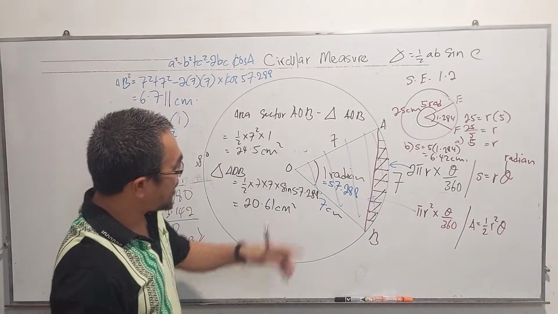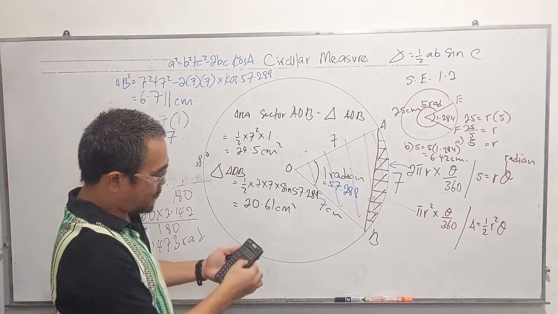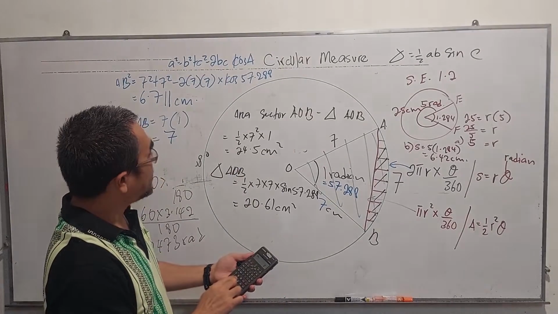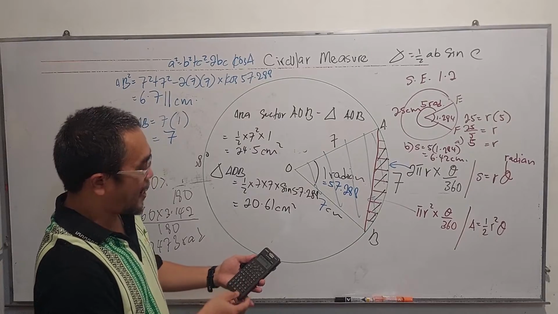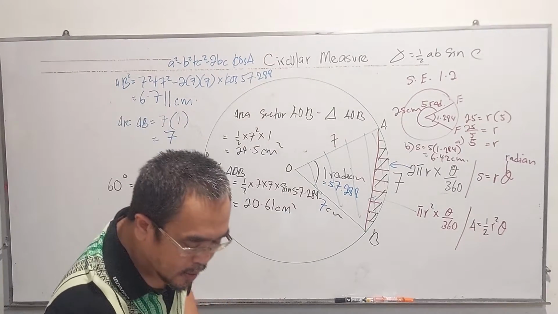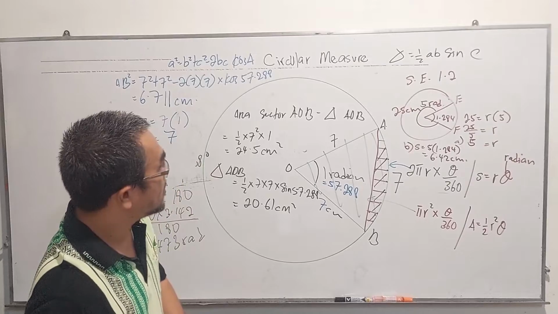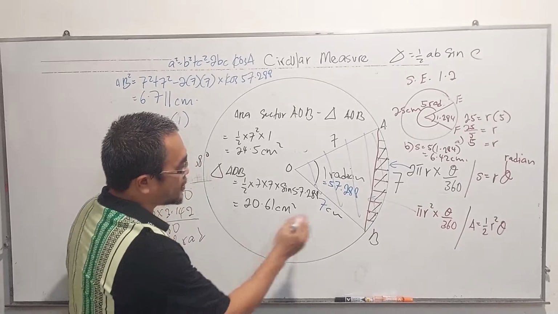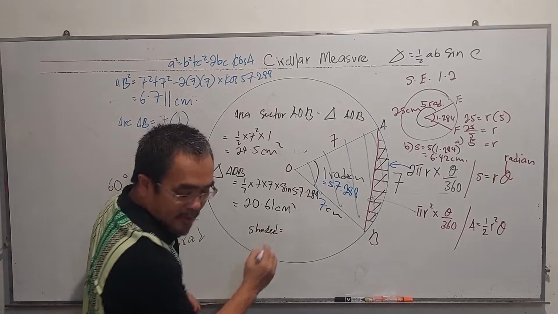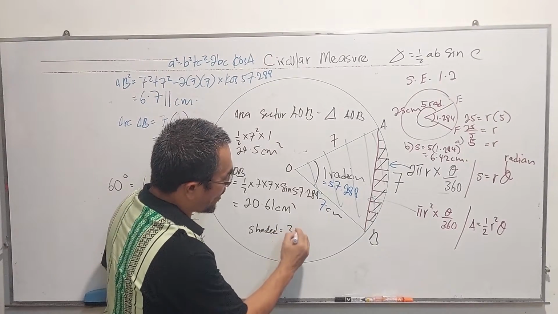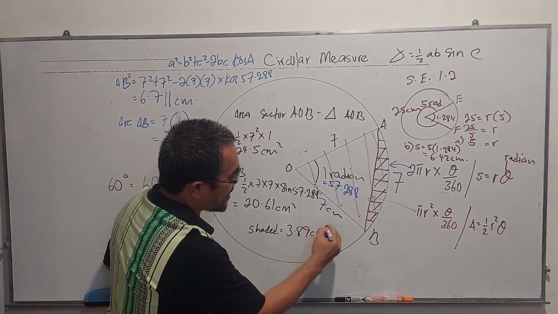And then the shaded region will be 24.5 minus 20.61. That is small. The shaded region is only 3.89 centimeter squared.